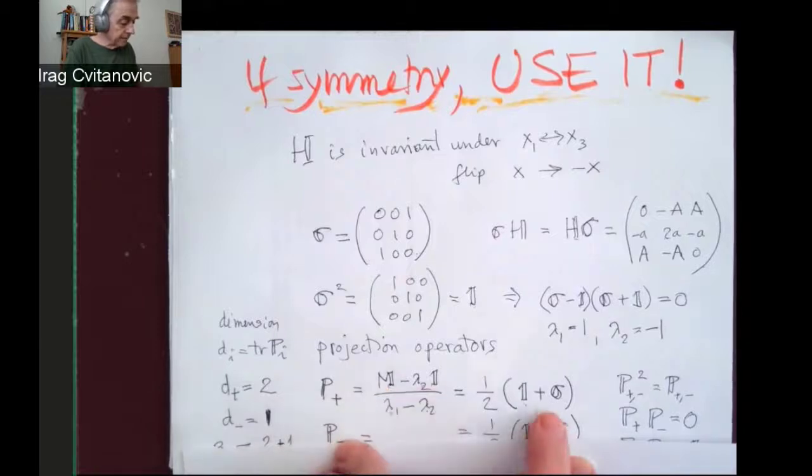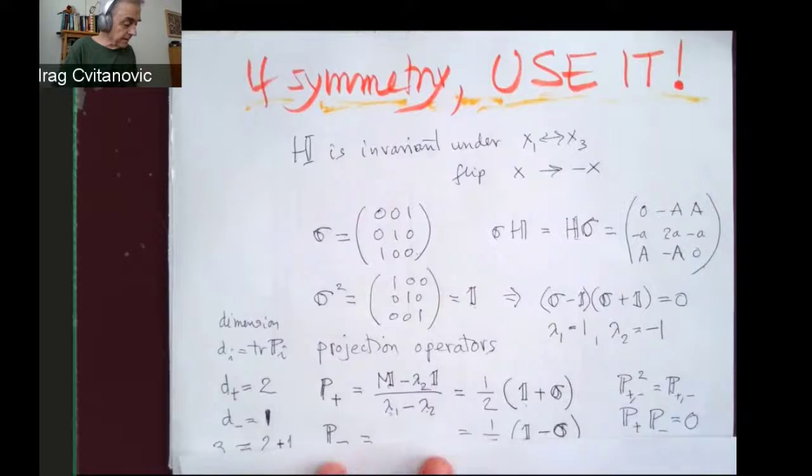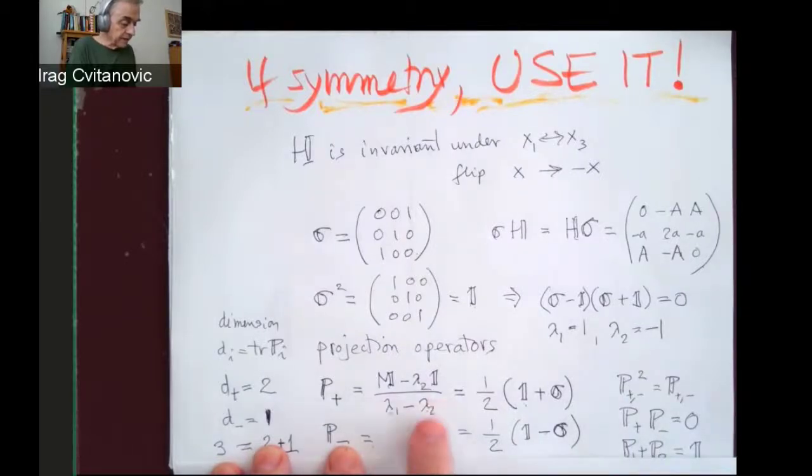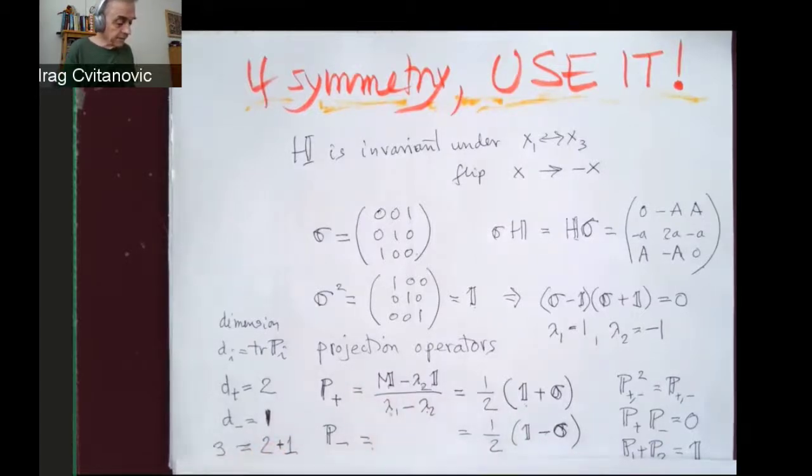And this is sigma, and that's the projection operator, which I'll call plus because there's a plus here. And there's the other one where I evaluate for the negative eigenvalue. Then this becomes minus 2. This guy has plus 1 in it, so the minuses cancel. And this sigma picks up a minus, so there are 2 projection operators.